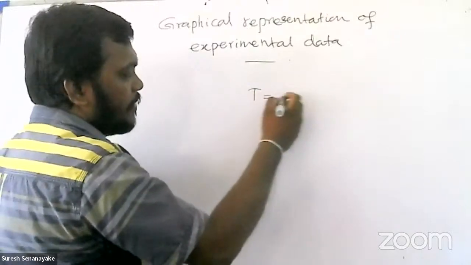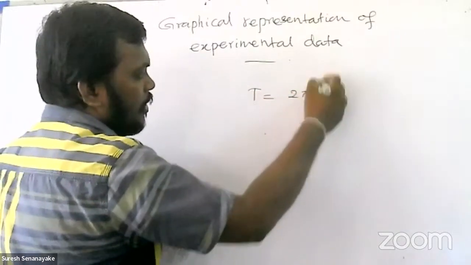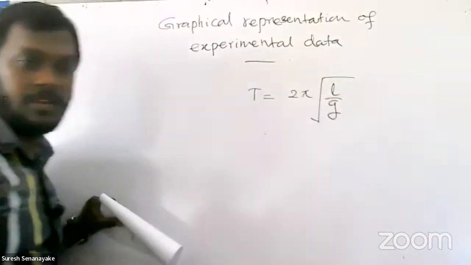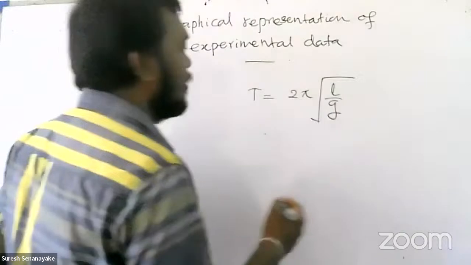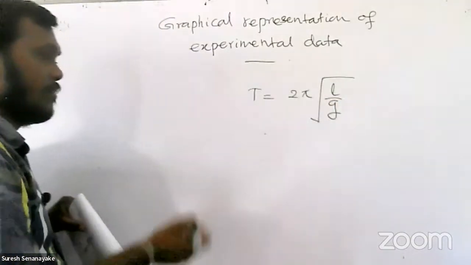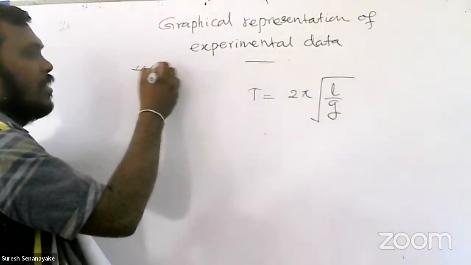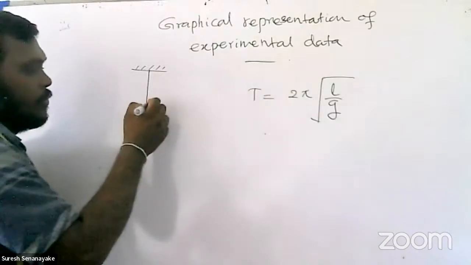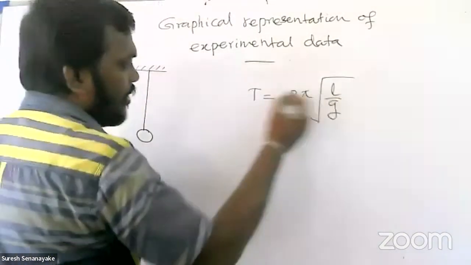The time period of a simple pendulum we can give as T equals 2 pi square root of L over g. Clear? And here I can find the value of the acceleration of gravity using a pendulum by doing an experiment. So here there are another two.